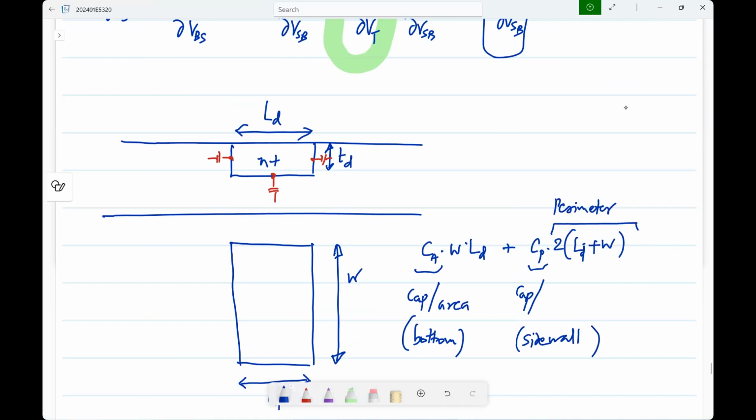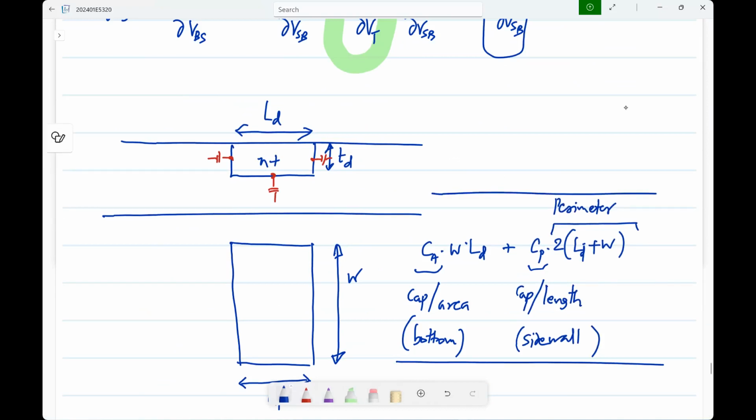So again, this is more of information, not analysis or anything, but when you start designing, if you go to a simulator, you will see all these parameters. You need to know what they are, okay, and also why they are defined the way they are.